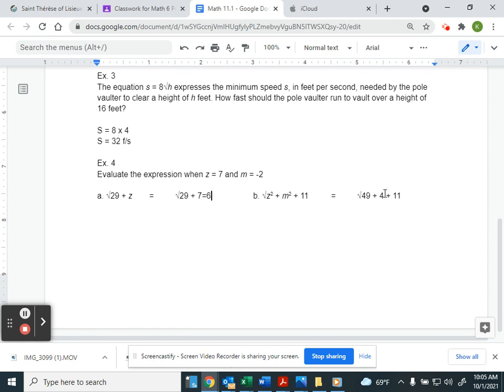So you add all of those up and find the square root of it. So what is 49 plus 4 plus 11? Maya? You're one step ahead of me. What was 49 plus 4 plus 11, Maya?